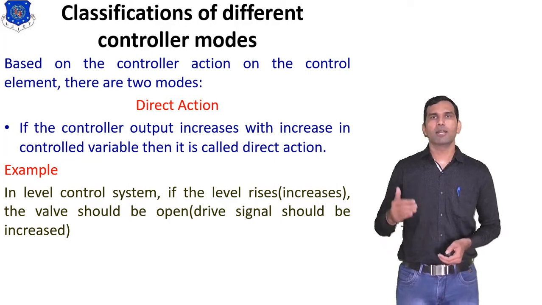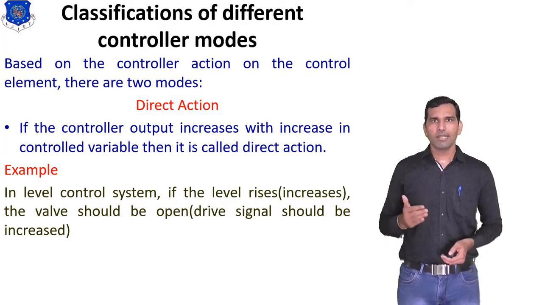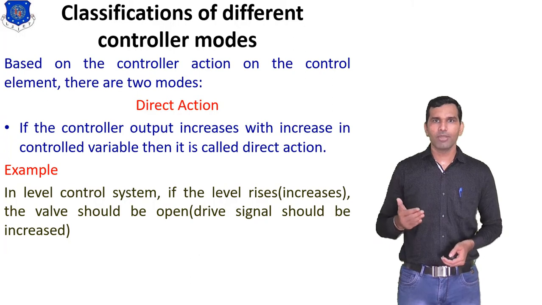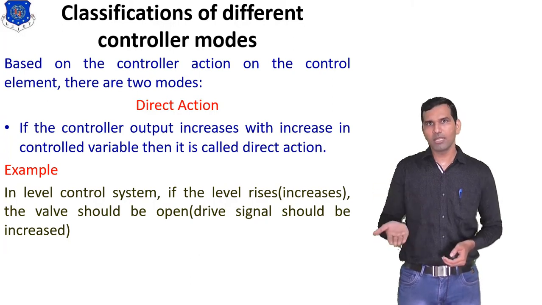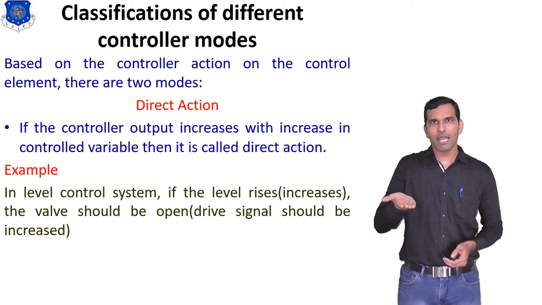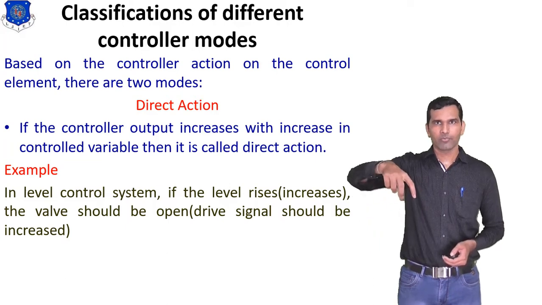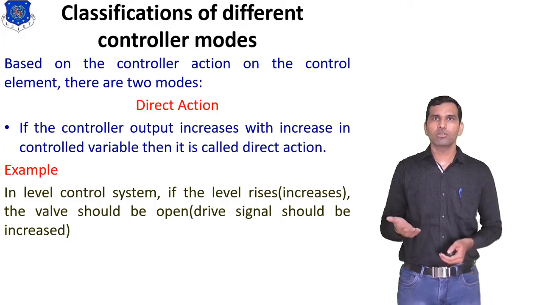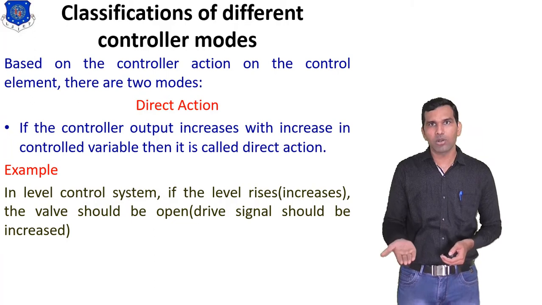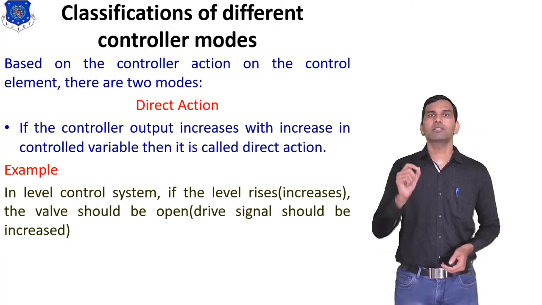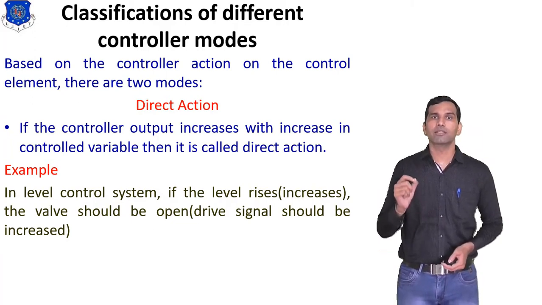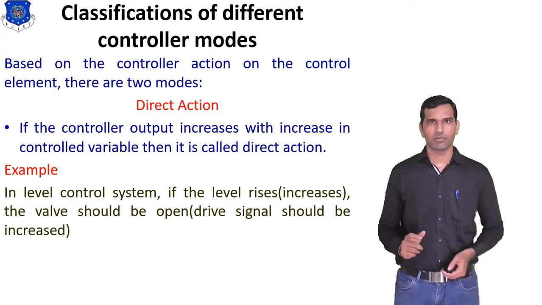We know the level control system. In that level control system, if the flow is increased, at that time we have to open the valve. So at that time we also increase the controller output. That means this type of controlling action is called direct action.